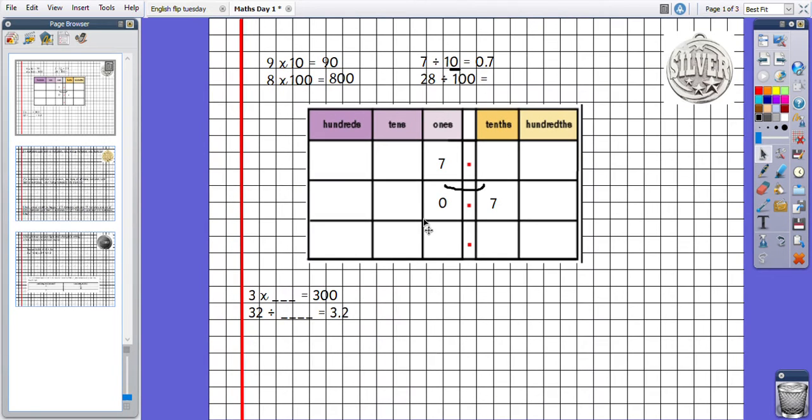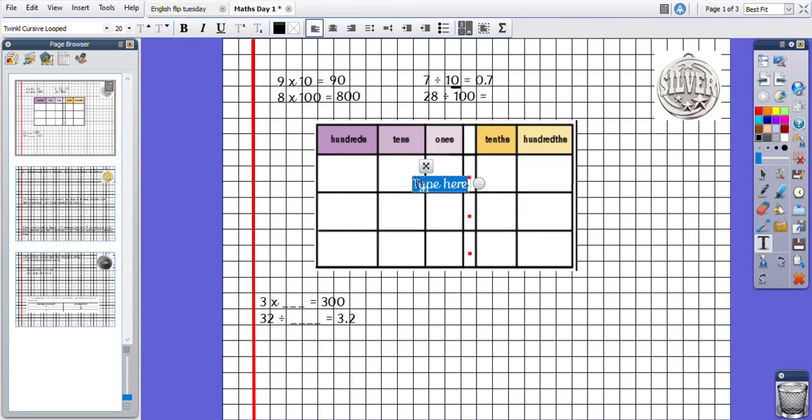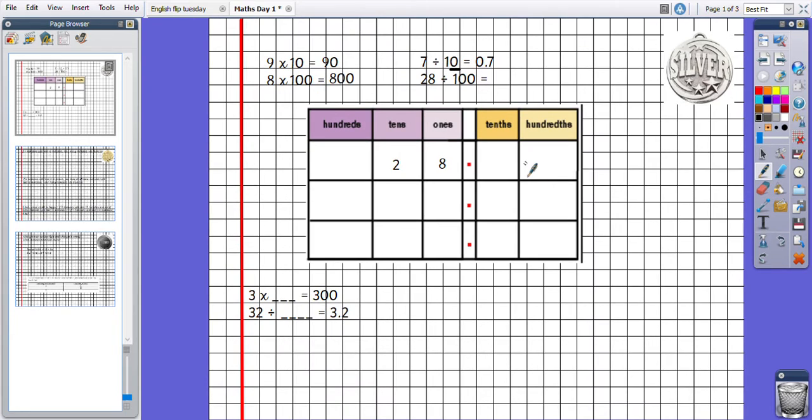So now let's try 28 divided by 100. So I need to make sure that I'm placing my 2 and my 8 digits in the correct column. So 2 in the tens column and 8 in the ones column. And I need to move my numbers step by step. Now I'm moving them 2 columns to the right because I'm making the number smaller. I am dividing. So 1, 2.